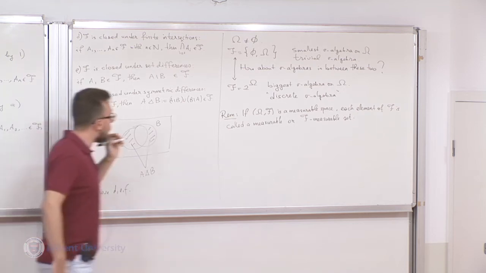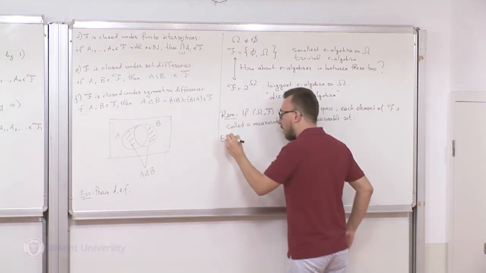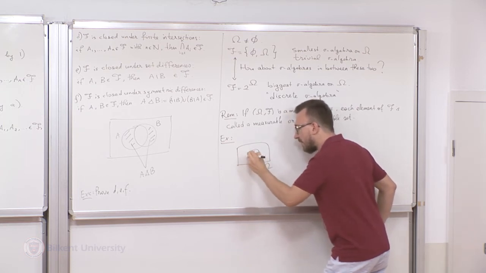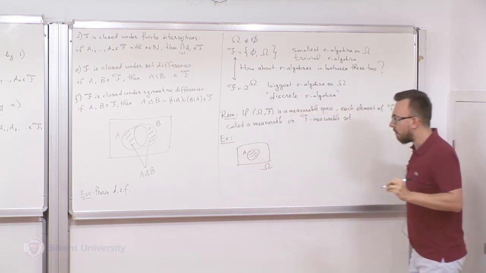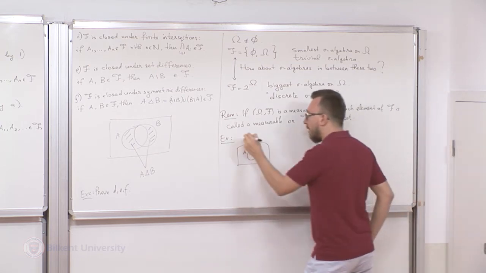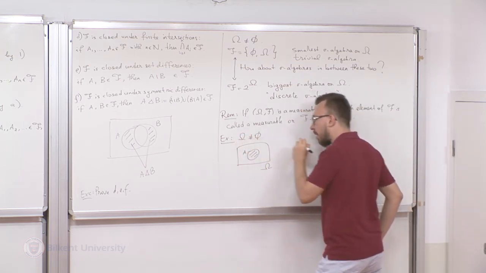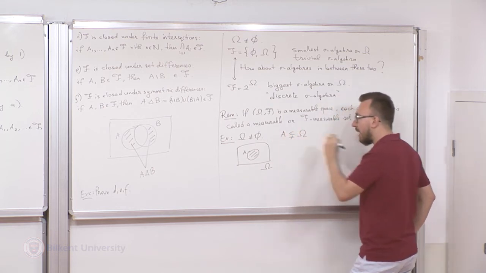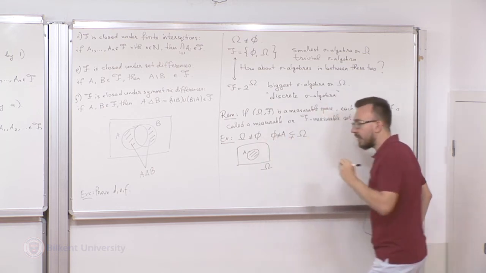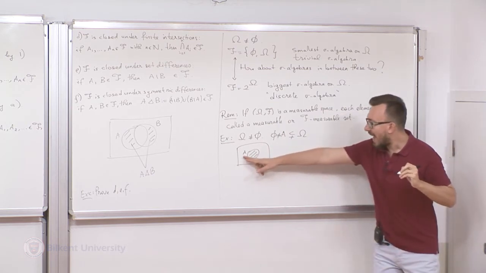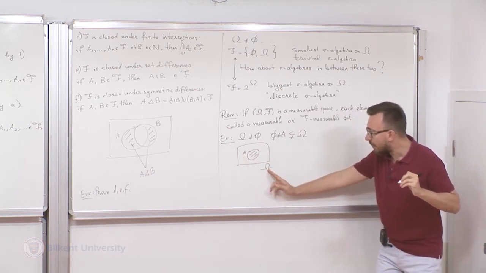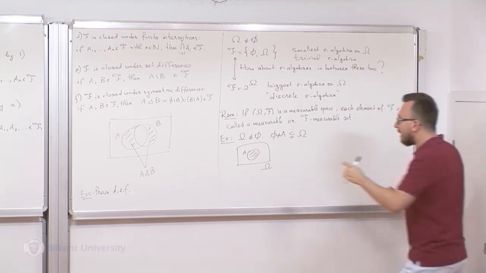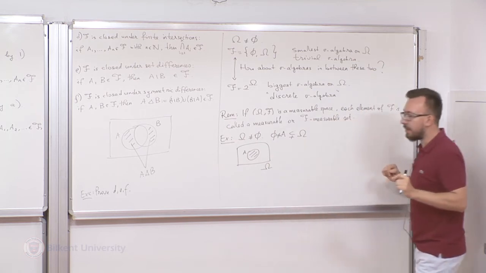So just as an example, let's say we have a picture like this. We have an omega and we have a set A. So we have omega and we have a strict subset of omega that is not equal to the empty set. I want my A to be different from the empty set as well as different from the full set, so that this part is non-empty and this part is non-empty.